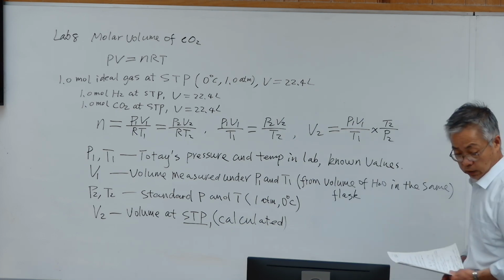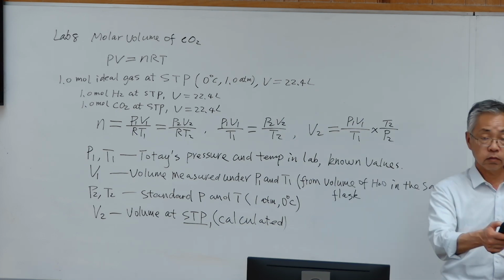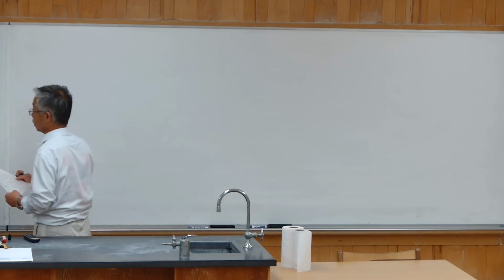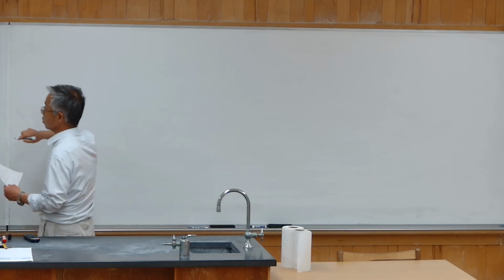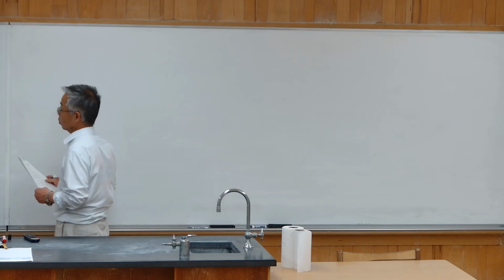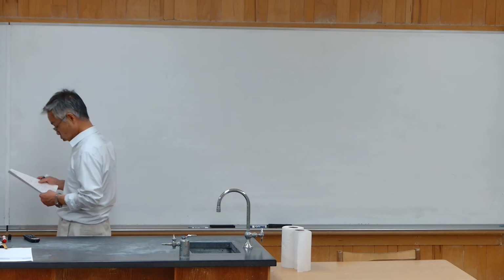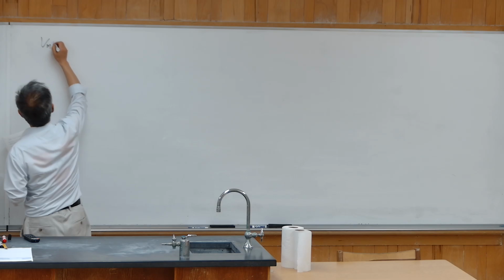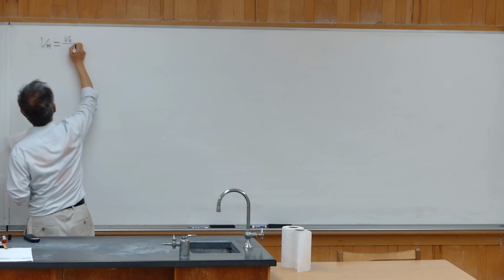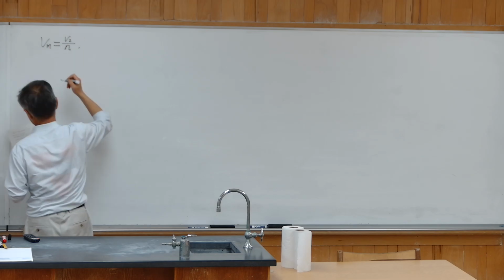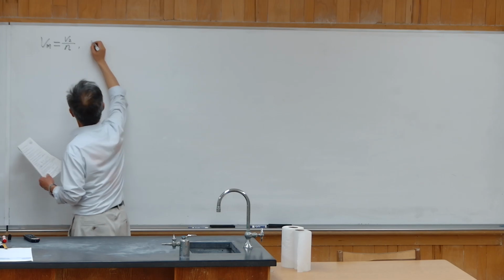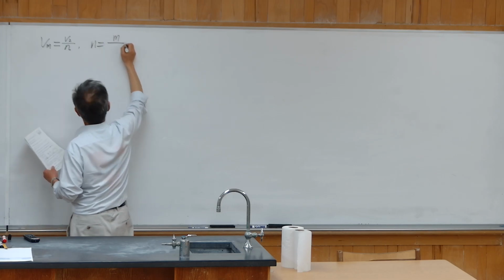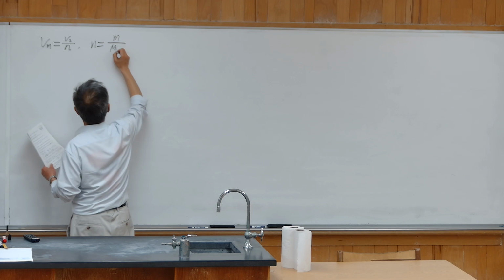After we calculate V2, we can convert it to molar volume because our target is the molar volume of carbon dioxide. Molar volume means volume of 1 mole carbon dioxide. So molar volume equals V2 divided by moles of carbon dioxide. Moles of carbon dioxide come from the mass divided by molar mass.